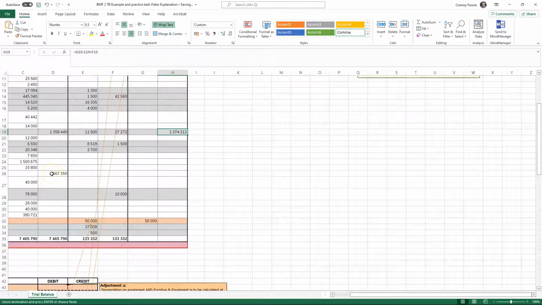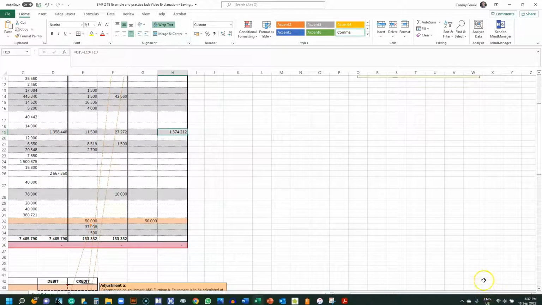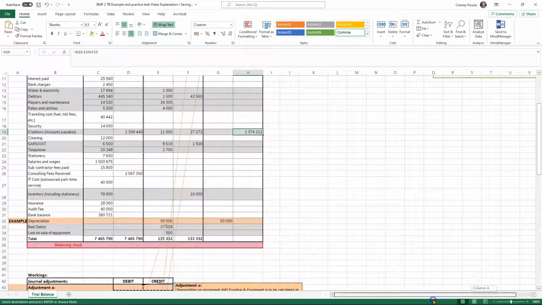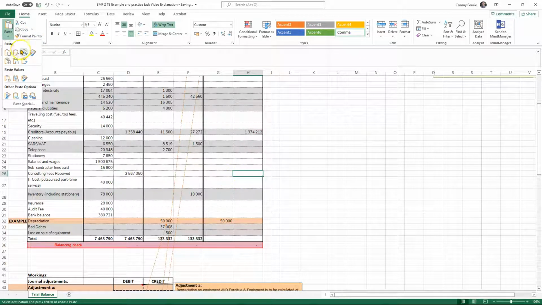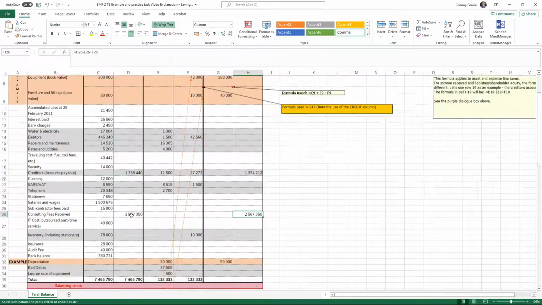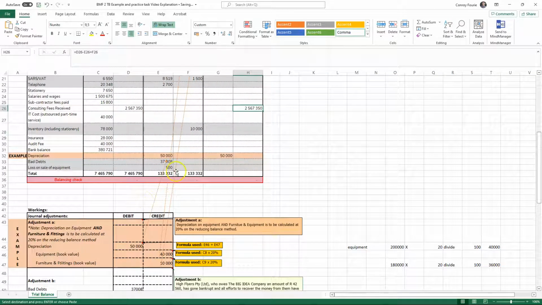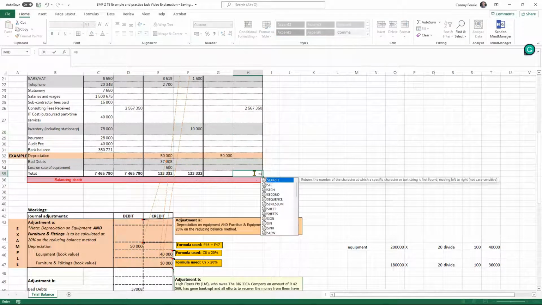There's another credit amount. Was that consulting fees, I think? Consulting fees received, yeah. So you just do a copy, paste formula there. Any other credit amounts? I think those are them. Okay. Let me just do a sum, equal sum for that column.